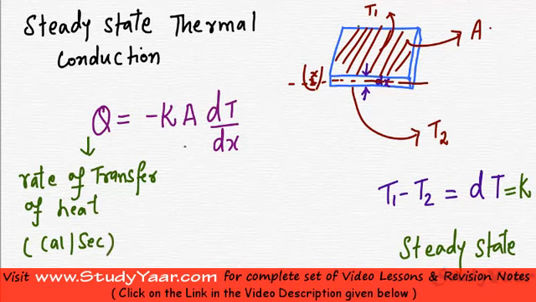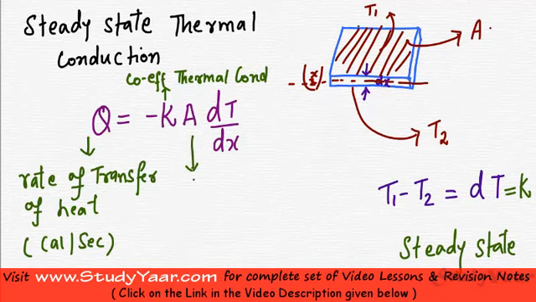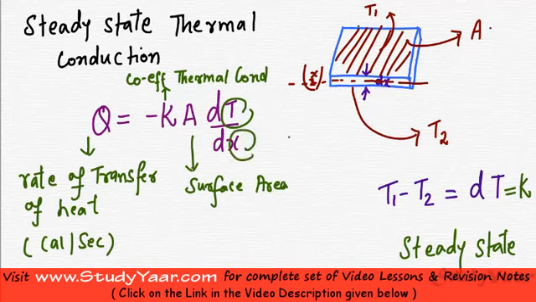Your K is the coefficient of thermal conductivity, your A is the surface area, and your T is the temperature and your X is the distance from a surface which is at a particular temperature.